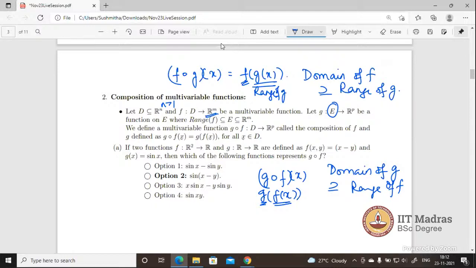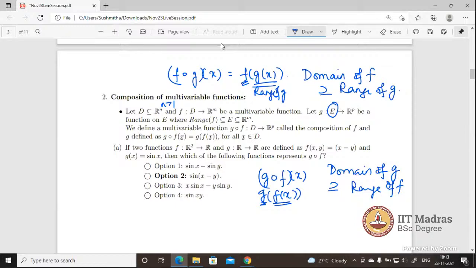F is from D to Rm. Yeah. So the range of f is a subset of Rm, right? So naturally, the domain of g should also be a subset of Rm, right? Yeah. So that is why range of f should be contained in E, contained in Rm. Then if this condition is satisfied, I can define G composite f as G of f of x. Just like how we used to do earlier, just that f is a multivariable function here.